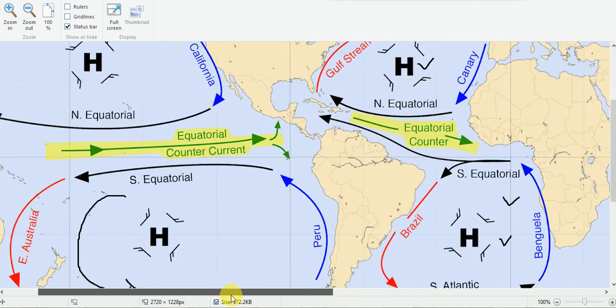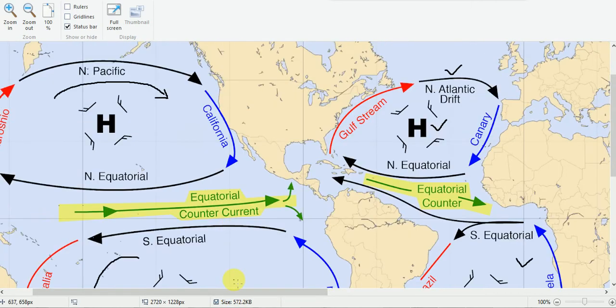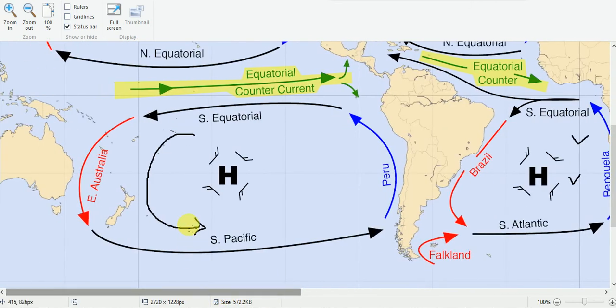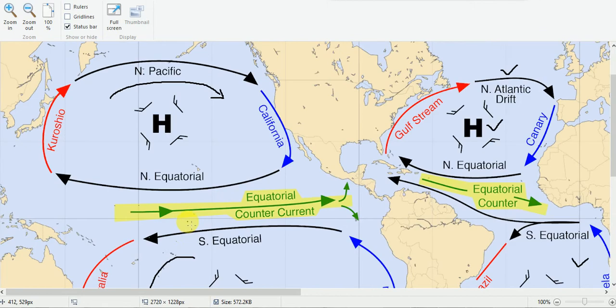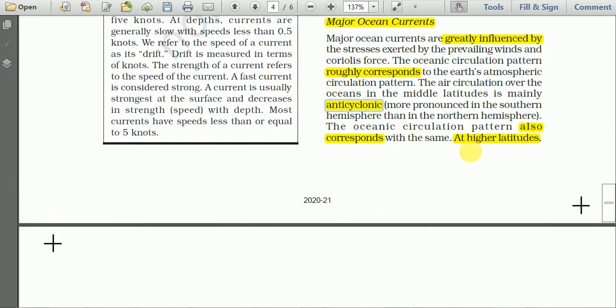These are generated accordingly, the circulation created by the planetary winds. The oceanic circulation pattern also corresponds with the planetary wind system, as we mentioned earlier.